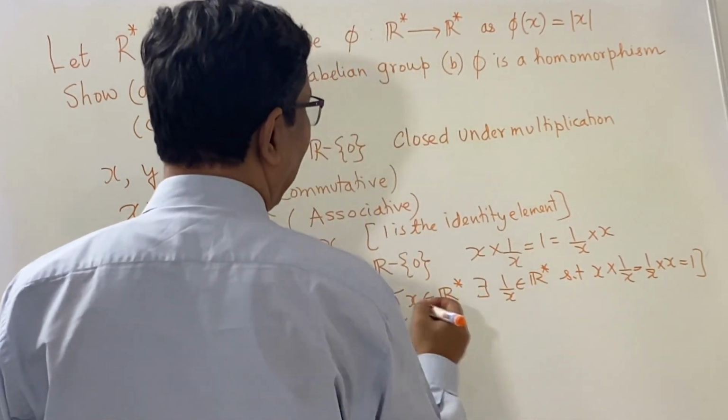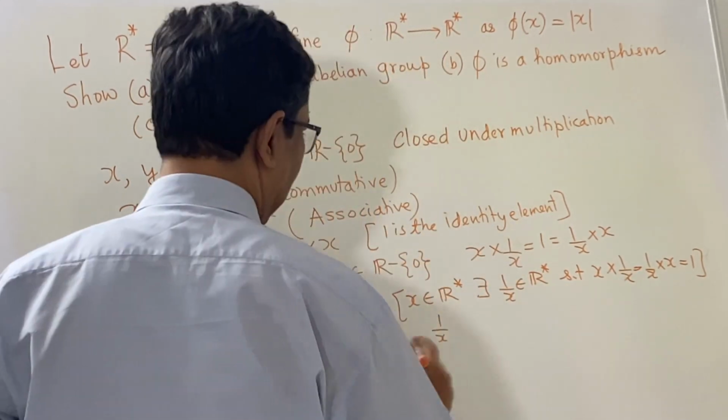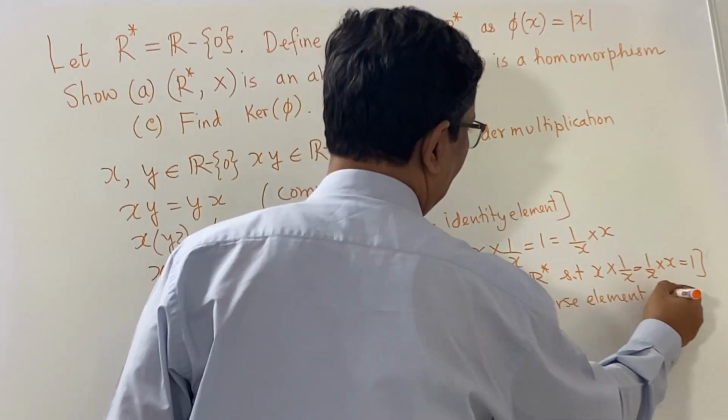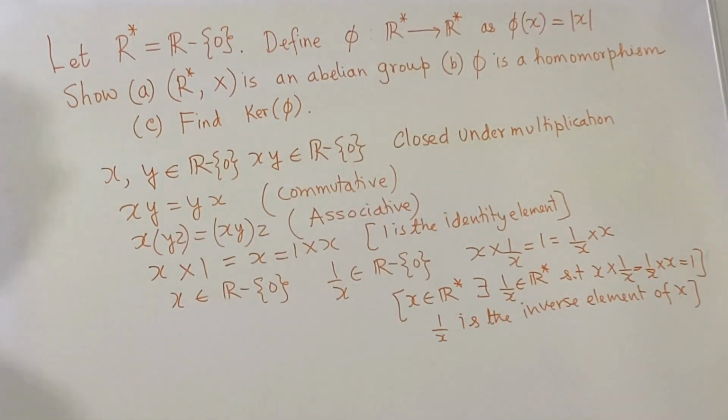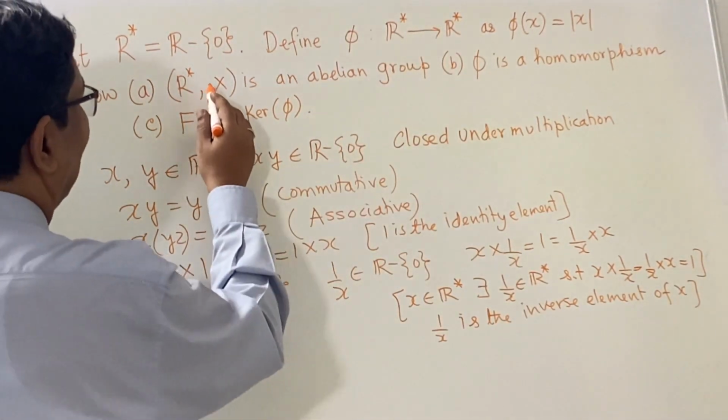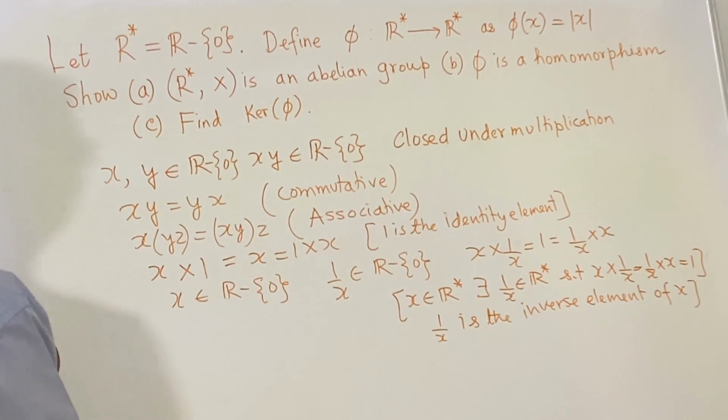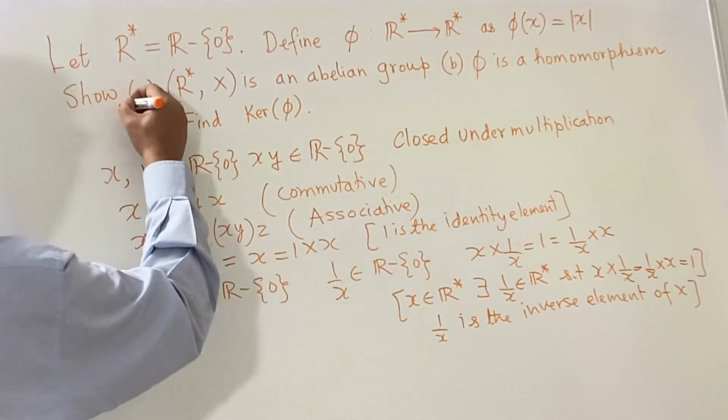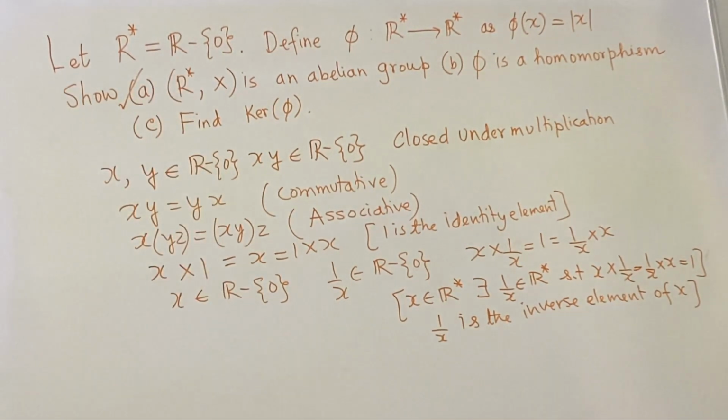So this 1 by x is the inverse element of x. So this proves that R star with multiplication is an abelian group. So we are done with this.